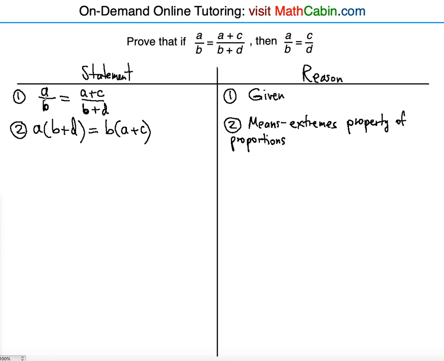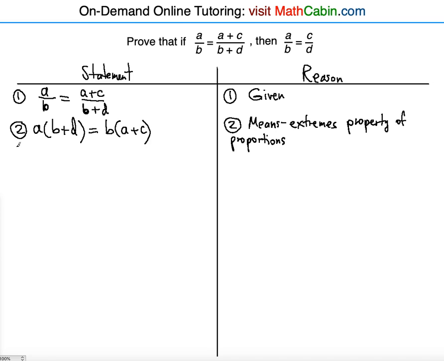Basically you're taking the numerator of the first fraction, multiplying it with the denominator of the second, and setting that product equal to the denominator of the first fraction multiplying the numerator of the second fraction. And this is what the means extremes property of proportion does.